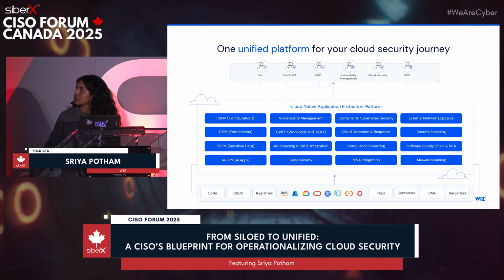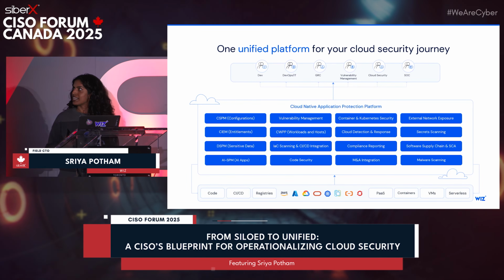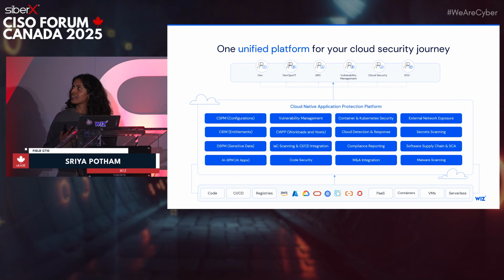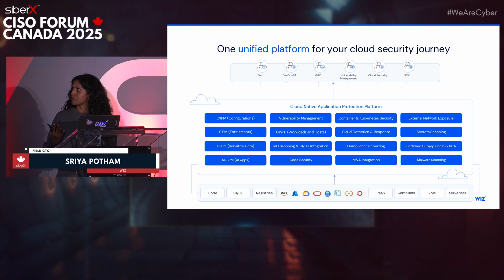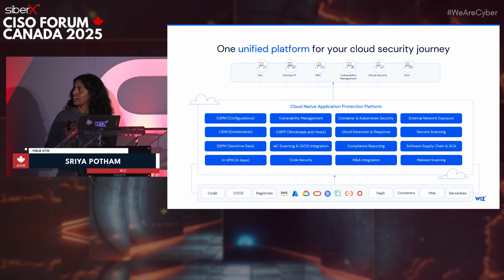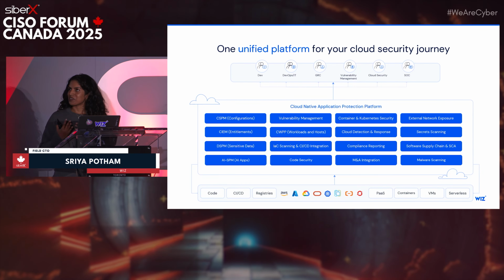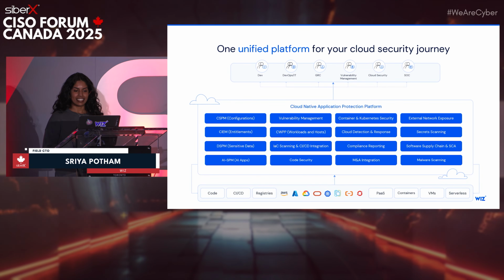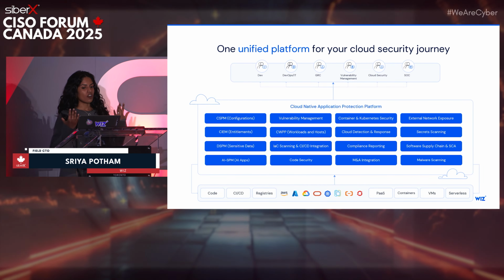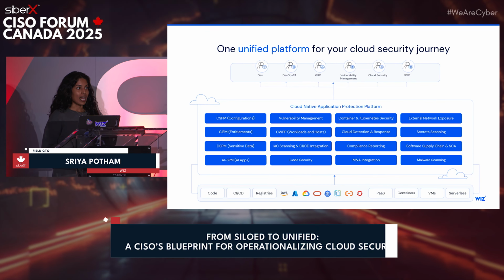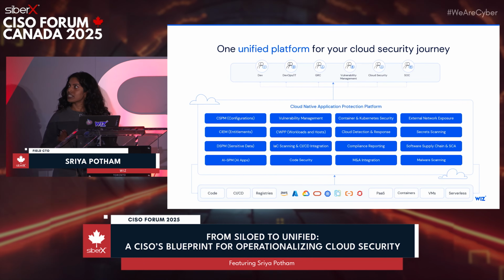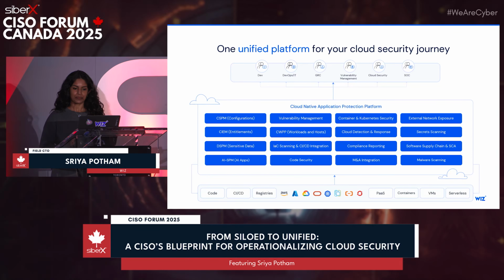So traditionally, you've had separate CSPM tools, vulnerability management tools, CIEM tools, and they've all lived with different teams, right? So CSPM with cloud security, vulnerability management with a vulnerability management team, and CIEM with an identity team. But now it's all consolidated, and this consolidated view allows you and your organization to prioritize all of these disparate risks effectively.